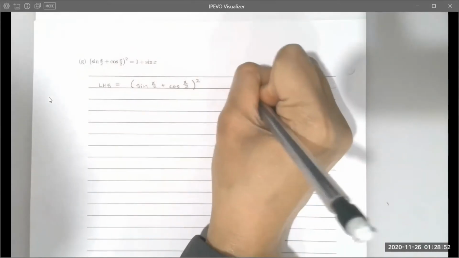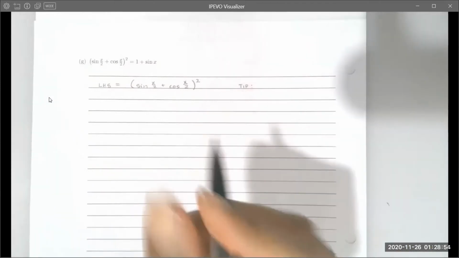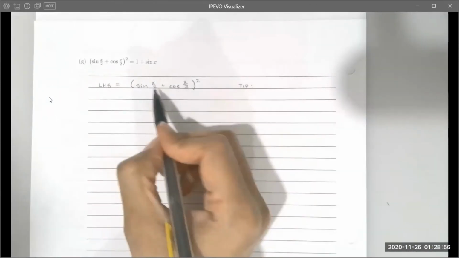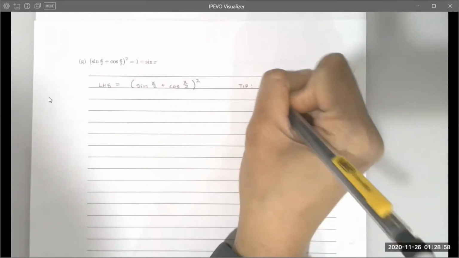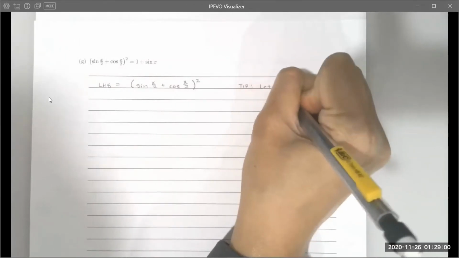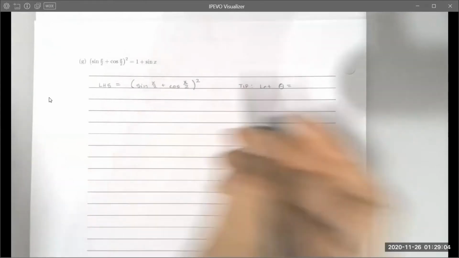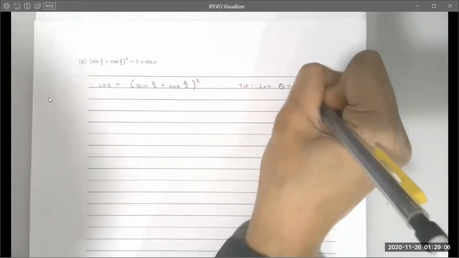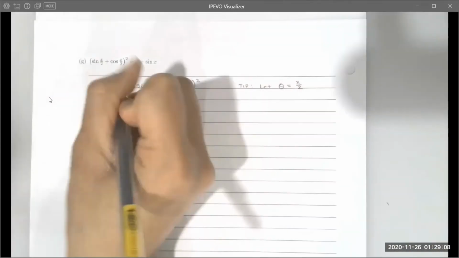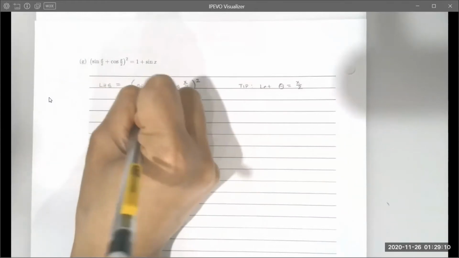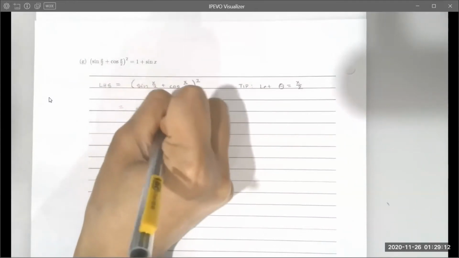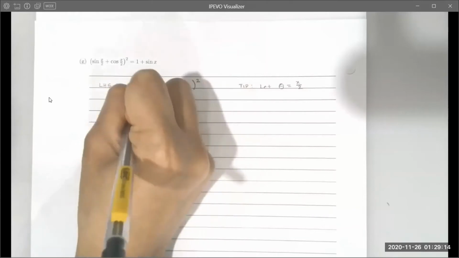So when you have something to simplify outside of the argument, my tip is to replace whatever complex looking thing you might have here with theta. So I'm just going to let theta be x over 2 for a little bit. That means that we're going to have sine of theta plus cosine theta, squared.